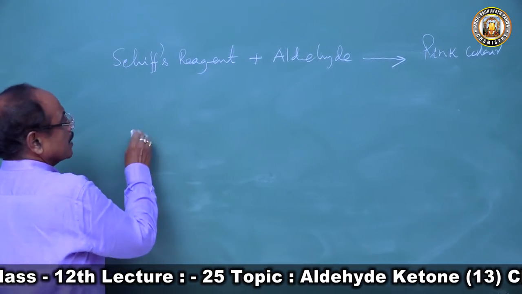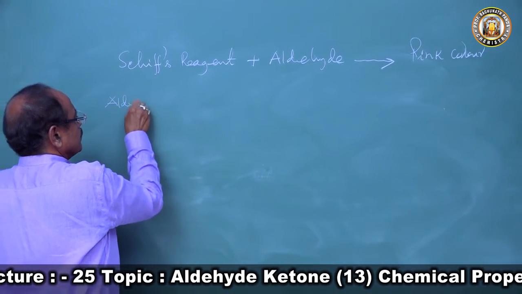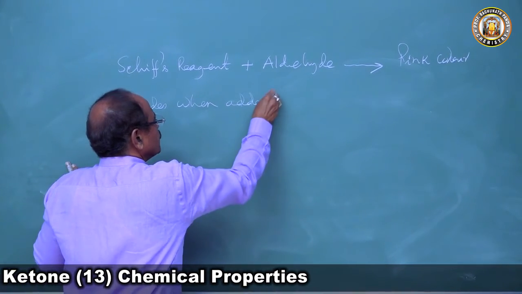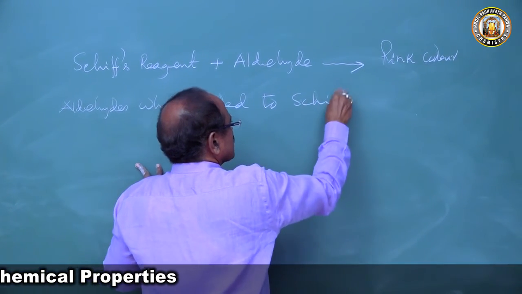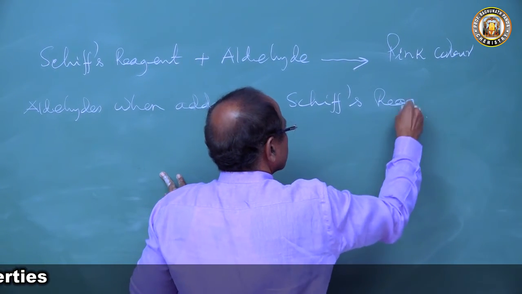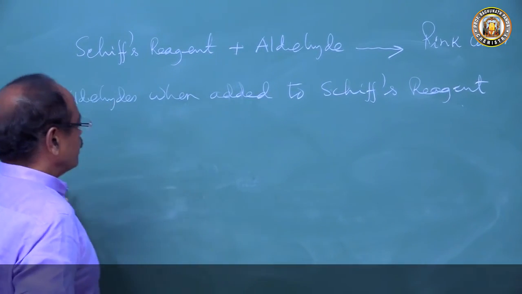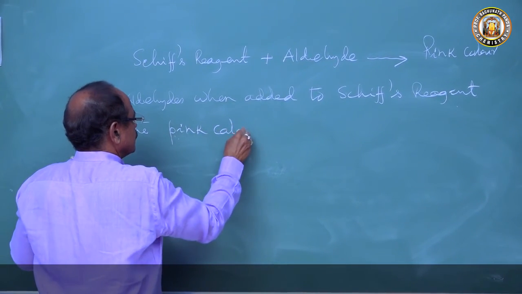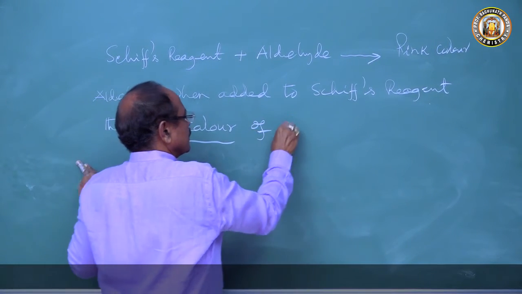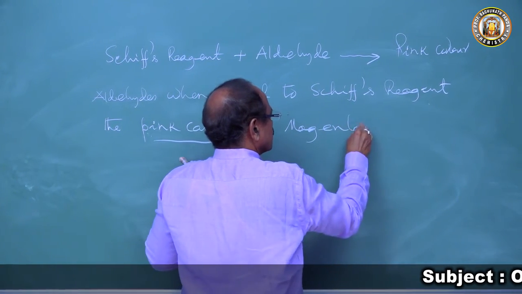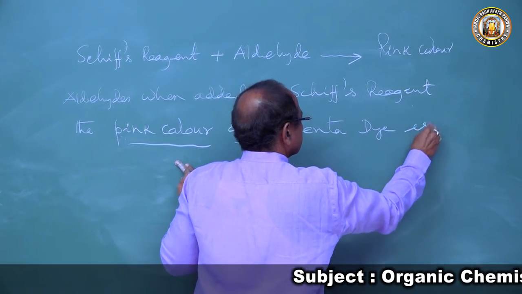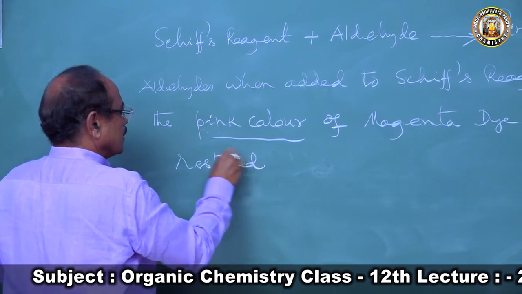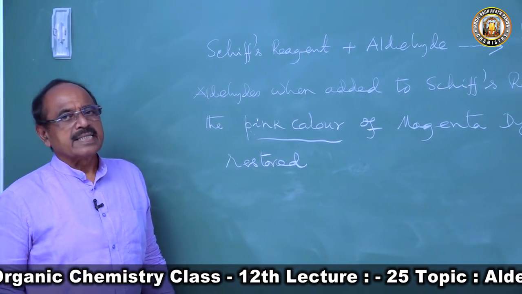So when aldehydes are added to Schiff's reagent, the pink color of magenta dye is restored.